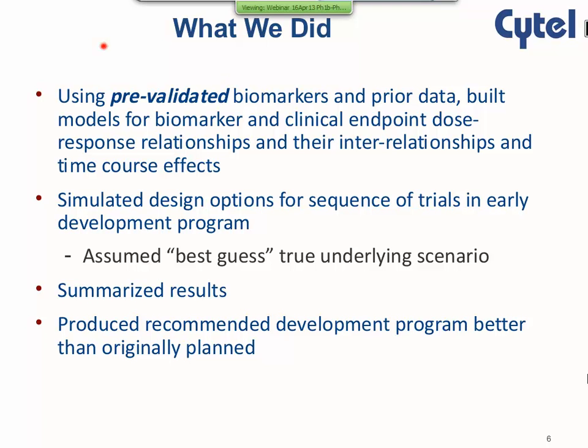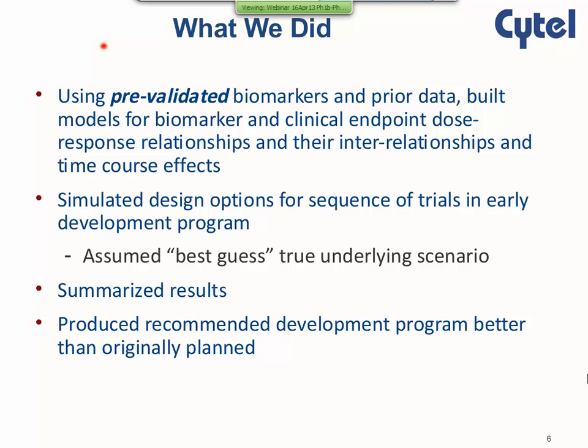What we did to address the questions that were posed at the beginning of the talk was to use the pre-validated biomarkers and the prior data available to build relationship models of the biomarker to the clinical endpoint and model their time course.